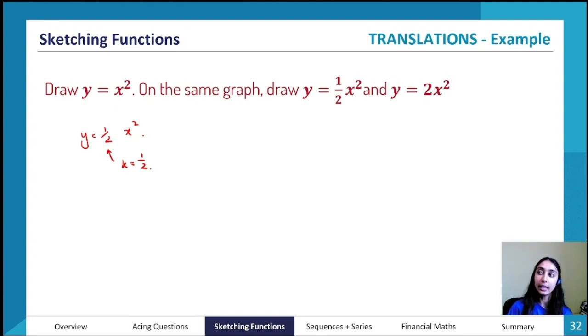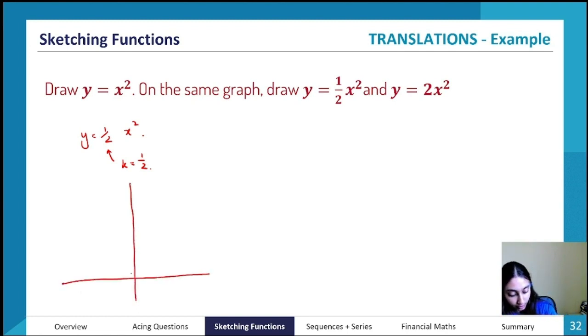We've got a dilation by a scale factor of half, so it's going to be squished. It's going to become half the height that it actually is. So just really quickly drawing, if this is our original curve, then our new curve is going to look a little fatter.